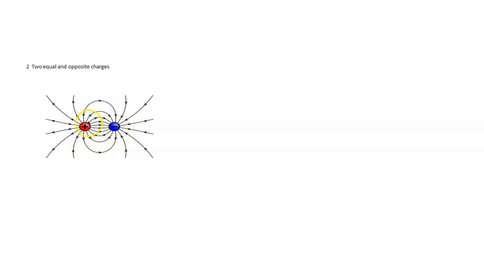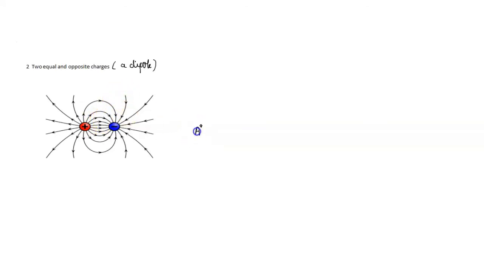The electric field lines always start from the positive and end on the negative charge. This is the graphical representation of two equal and opposite charges. It is also known as a dipole.